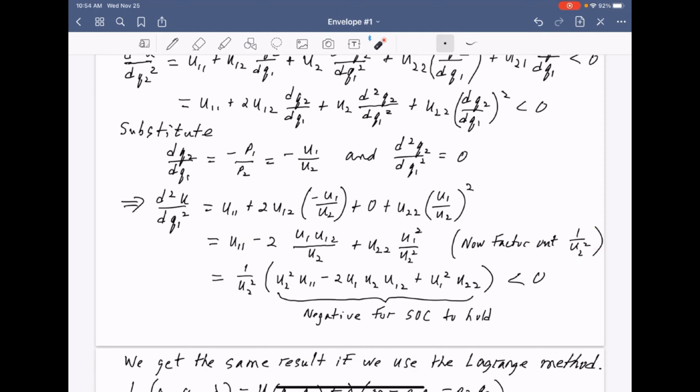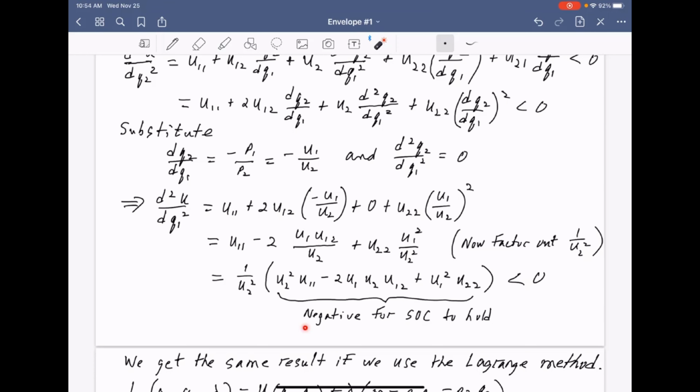Once we've made that substitution, and we now factor out 1 over U2 squared, and we work through the mathematics, which you can look through in more detail, we get this expression that 1 over the square of the marginal utility of 2 has to be multiplied by this expression in brackets. And we've seen a very similar expression to that when we talked about production in one of the earlier videos, where instead of the U's, we had F's for the production function.